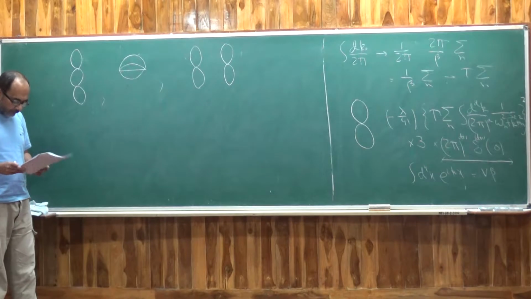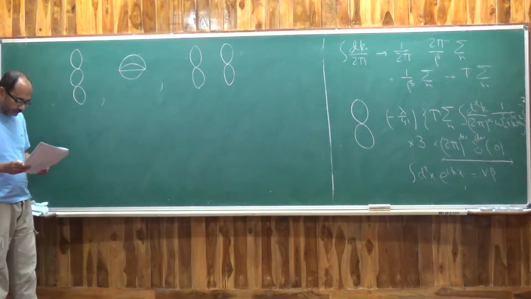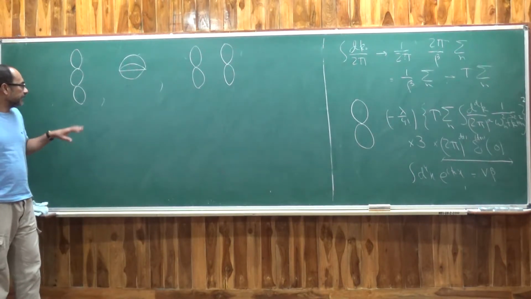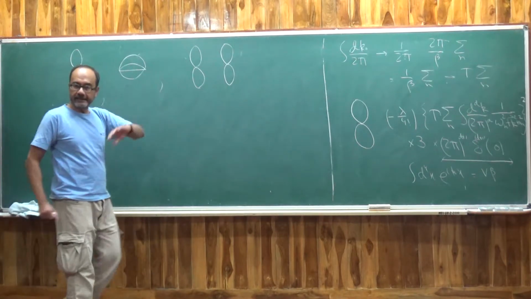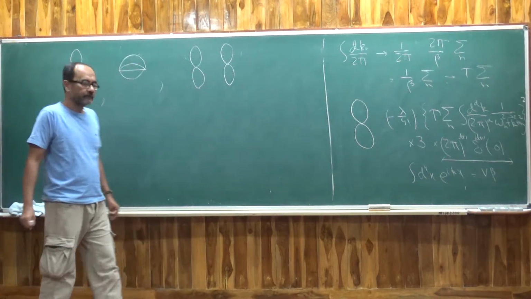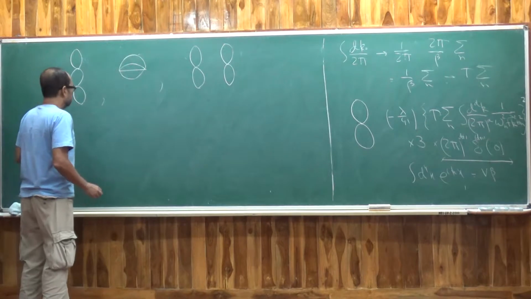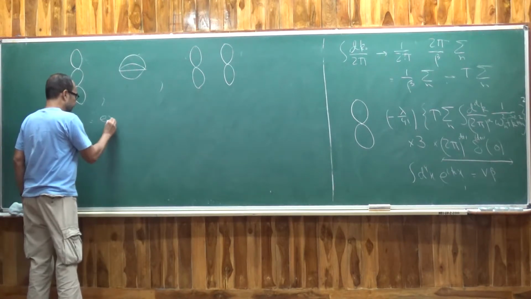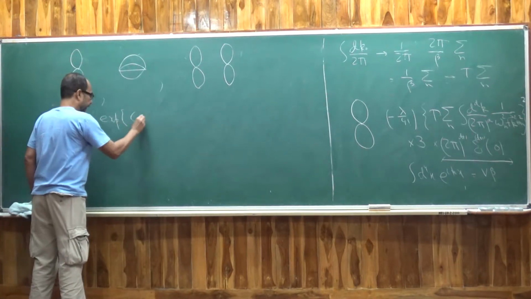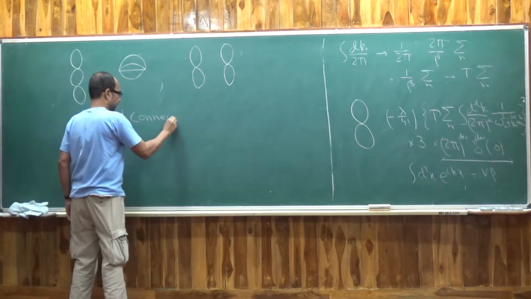So what we will show now is that when you sum over all of this, it becomes the exponential of connected bubble diagrams.